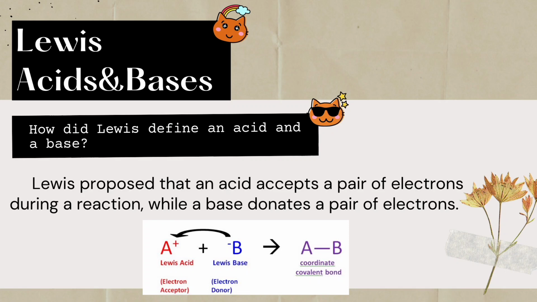Through the use of the Lewis definition of acids and bases, chemists are now able to predict a wider variety of acid and base reactions. Lewis' theory used electron instead of proton transfer and specifically stated that an acid is a species that accepts an electron pair, while a base donates an electron pair.